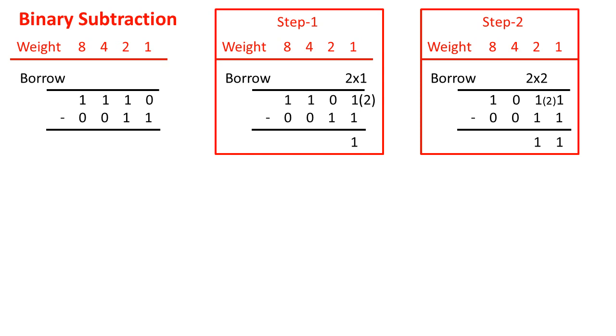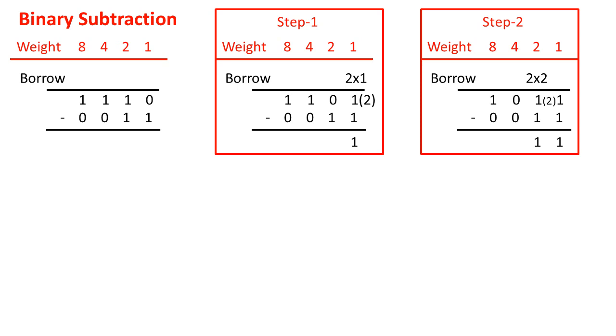So 1 has been borrowed, because the weightage of the borrowed 1 was 4 and the weightage where the 1 has been borrowed is 2. That is why it is written 2 into 2. So there are 2 ones, again 2 ones minus 1 one, it is 1.